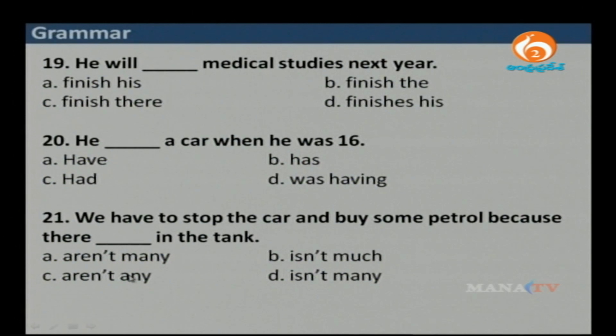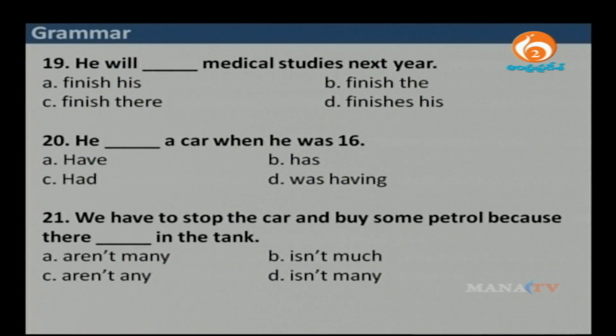Number 19, he will finish his medical studies next year. He will finish the medical studies next year. He will finish their medical studies. He will finishes his, sorry. Since it's talking about one particular person and the course that person has undertaken, 19A is the correct option.